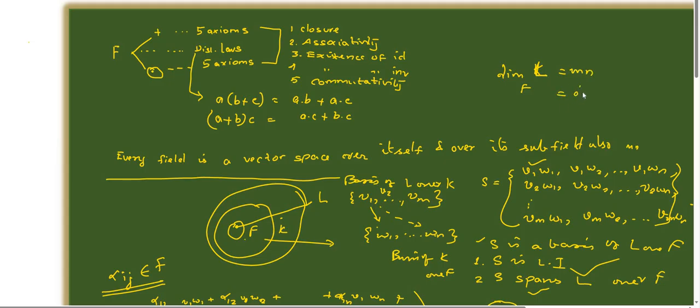What is m? It is the dimension of L over K. And what is n?